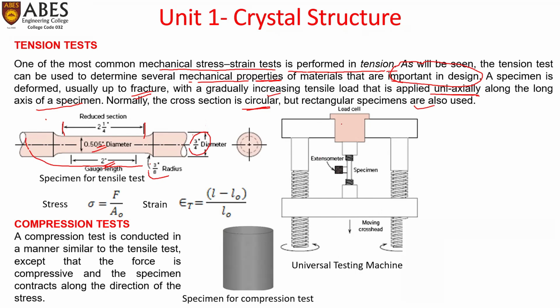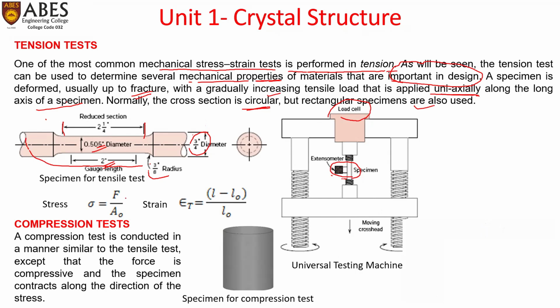The universal testing machine where this test will be performed is shown here. It has a load cell where we can increase or decrease the load, the specimen is fixed here, and this is the moving crosshead which moves as the elongation of the material takes place. An extensometer is fixed on the specimen, where it measures the extension of the specimen.